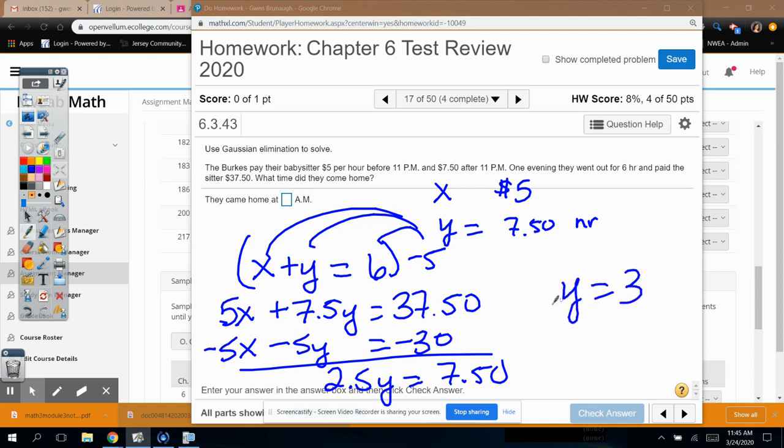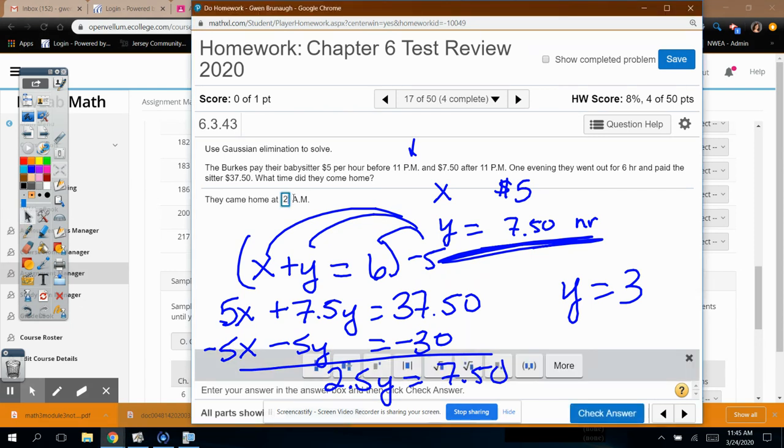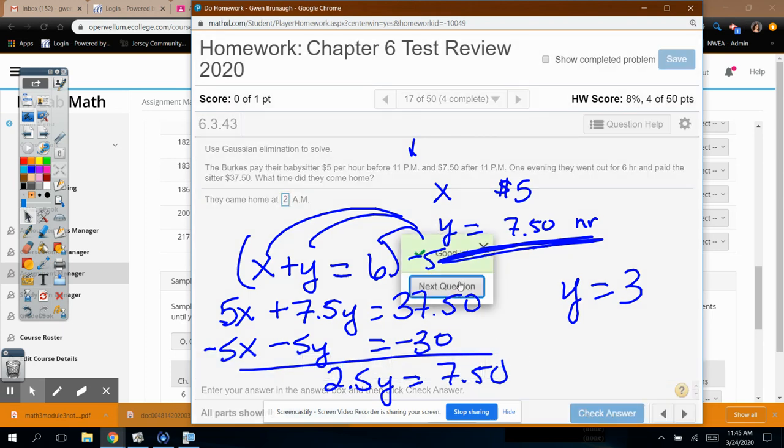So y is 3. Okay, y is the $7.50 an hour, and that happens after 11. So she got paid 3 hours for after 11. So 11 to 12, 12 to 1, 1 to 2. I believe they came home at 2 a.m. See if I'm right. Yes, okay.